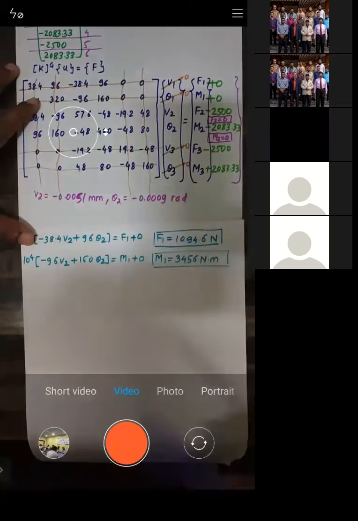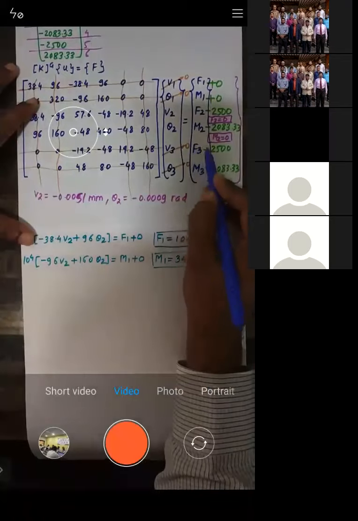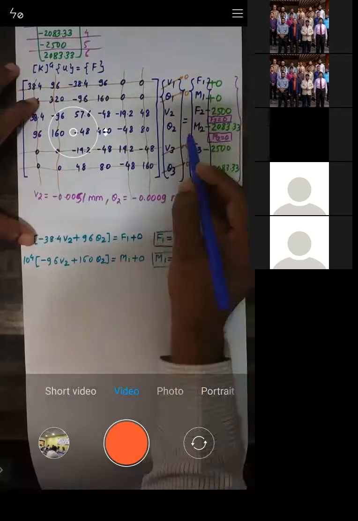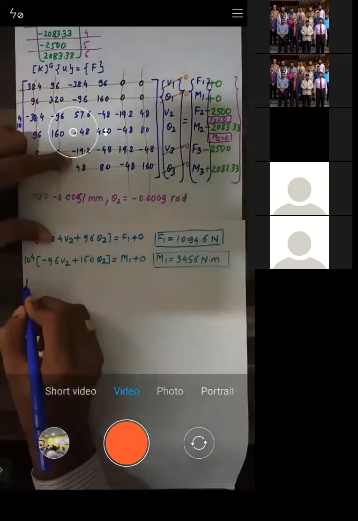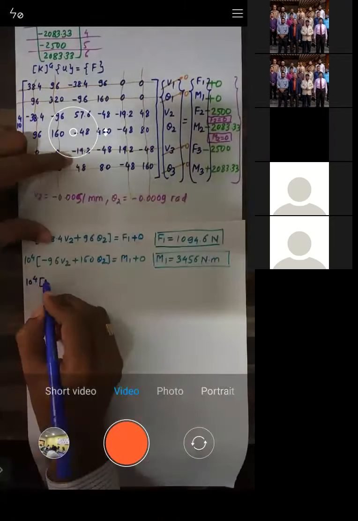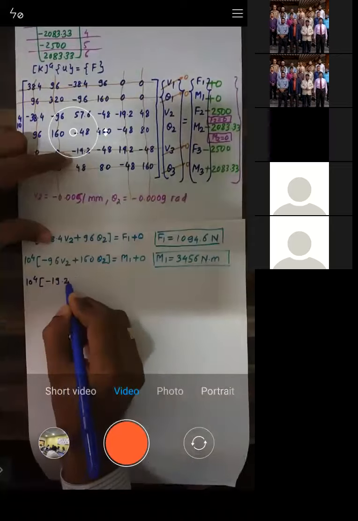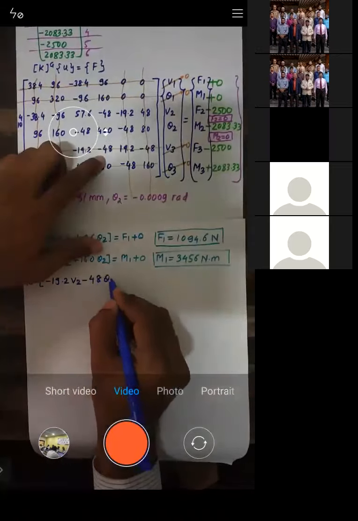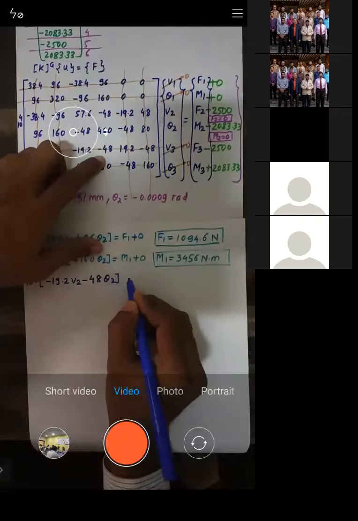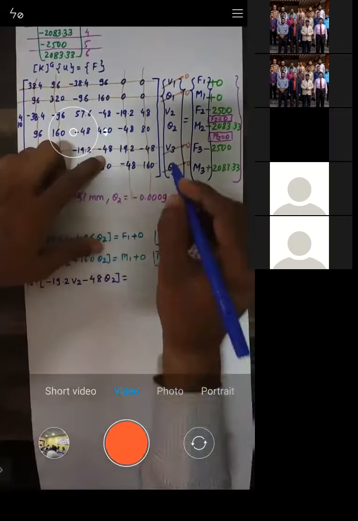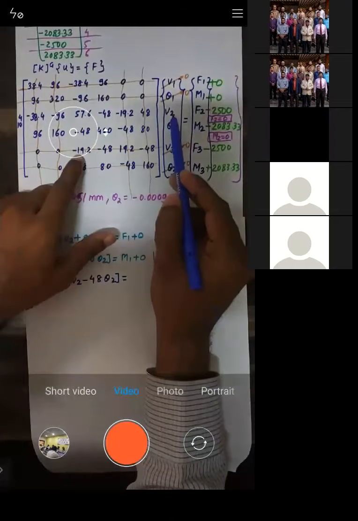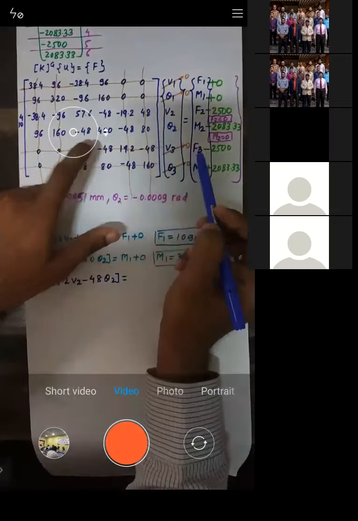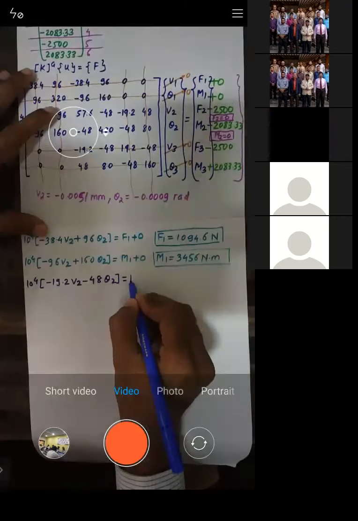Now let us go for this F3. Fifth row by this column. Again I will keep 10 raised to power 4 outside. Minus 19.2 V2, minus 48 theta 2 is equal to F3 minus 2500.